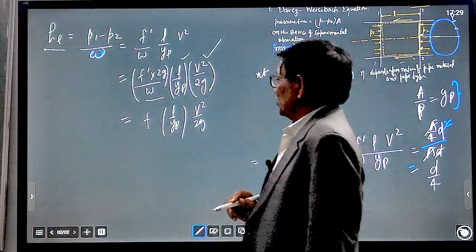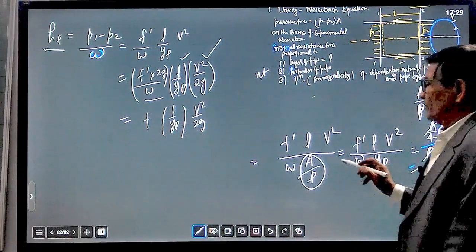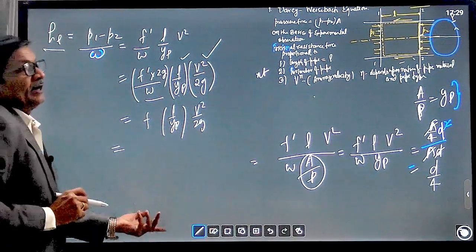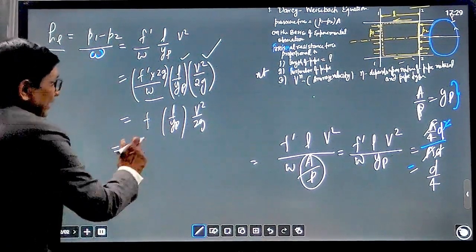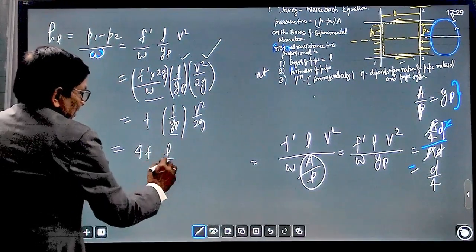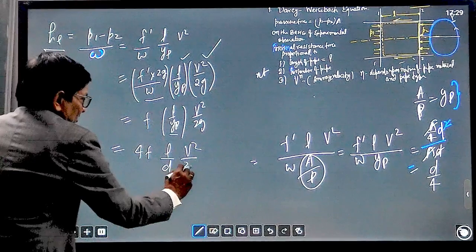This is the equation. Now we replace Ym again by d by 4. So writing Ym equal to d by 4, it becomes 4f L upon d, V squared upon 2g.